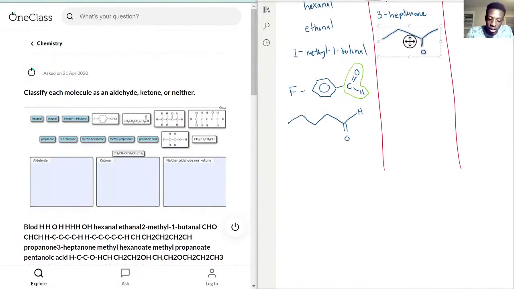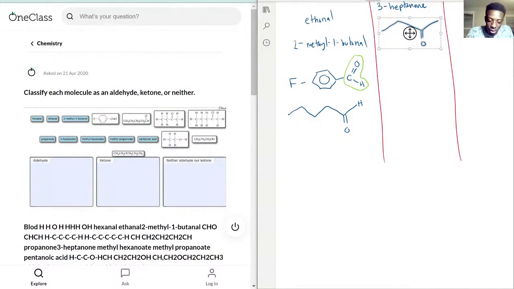All right, and then if we did the same thing, that one looks like 1, 2, 3, 4, 5 carbons. So what I usually do is draw 4 lines out of it because this is 1, 2, 3, 4, 5. This is just how I'm drawing my carbons. Okay, and we see that the oxygen is on the 4th carbon, so something like here, and that one is also going to be a ketone.